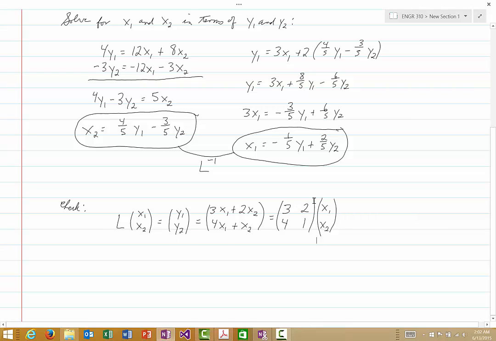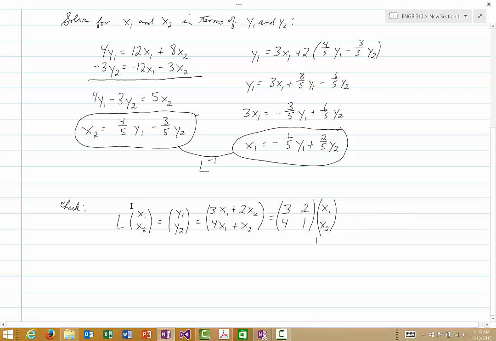We write it here as a matrix multiplication. And when we compare the left-hand side and the right-hand side of this equation, we see that we can identify this matrix with our linear transformation L. So this is the matrix representation of L in the basis that we're using here.